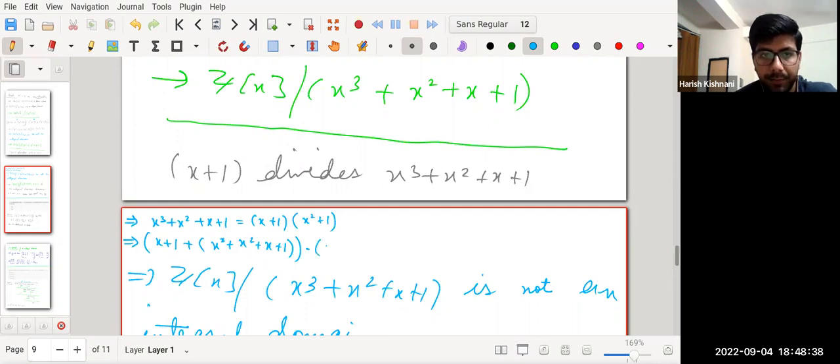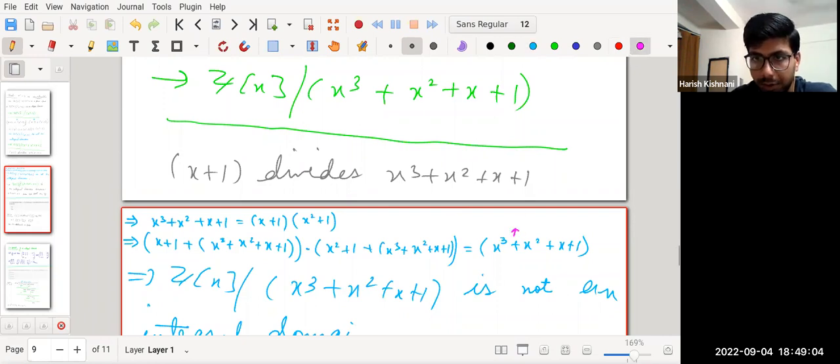Take the product of this element with this element, right? Then you are supposed to get the ideal generated by this element again, which is a zero of Z[x] modulo x cube plus x square plus x plus 1, right?